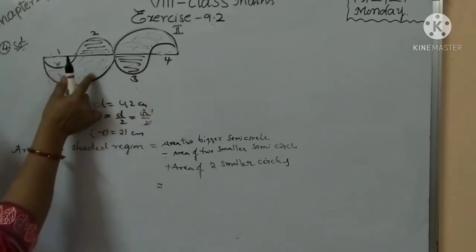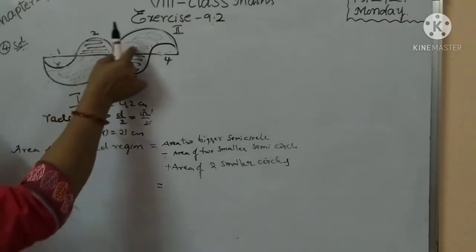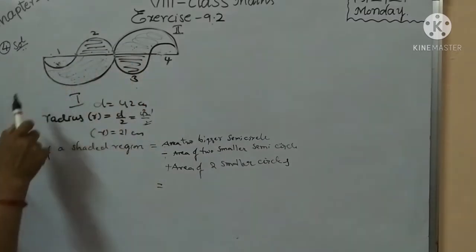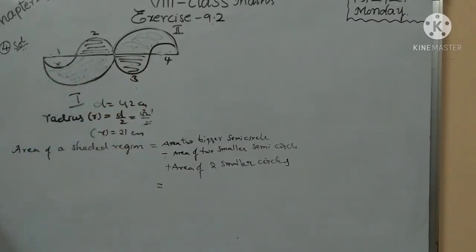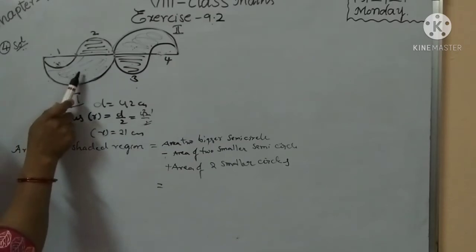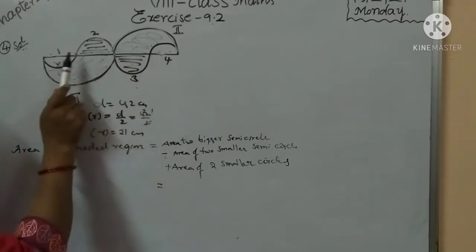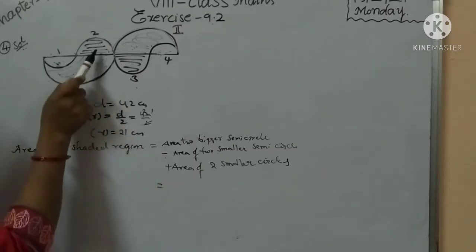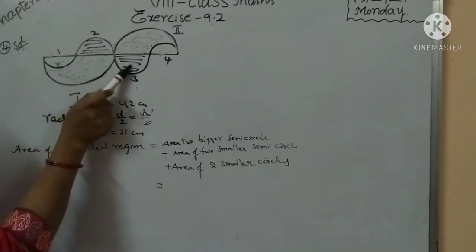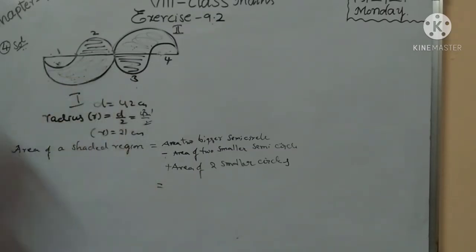The bigger semicircles are the shaded part, and the minus means the unshaded part. So area of two bigger semicircles minus area of two smaller circles plus the area of the remaining two shaded parts, the two smaller circles.